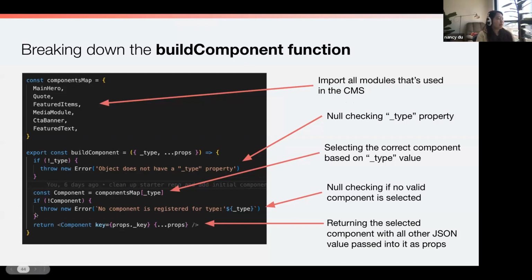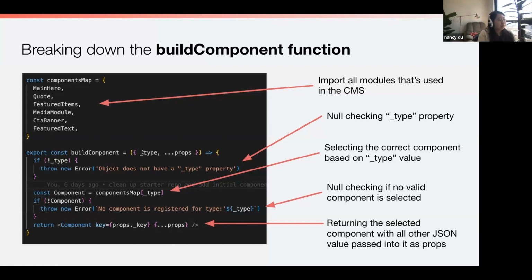But if for whatever reason we forgot to import one of our CMS components, or if we accidentally named things incorrectly, the component will be undefined. It will not be able to select a valid component, so we just want to throw an error to say that no component has been registered. But if everything goes well, we should be able to return our selected component.